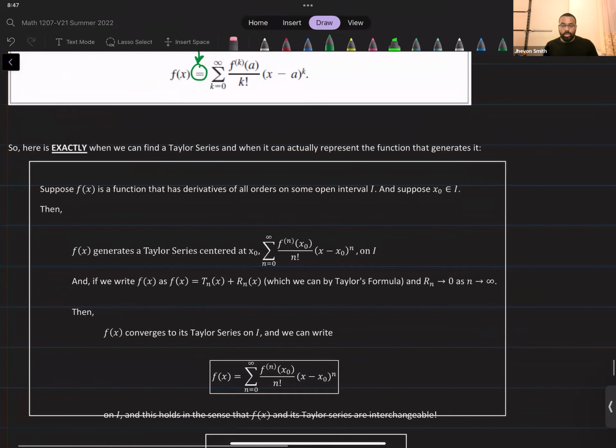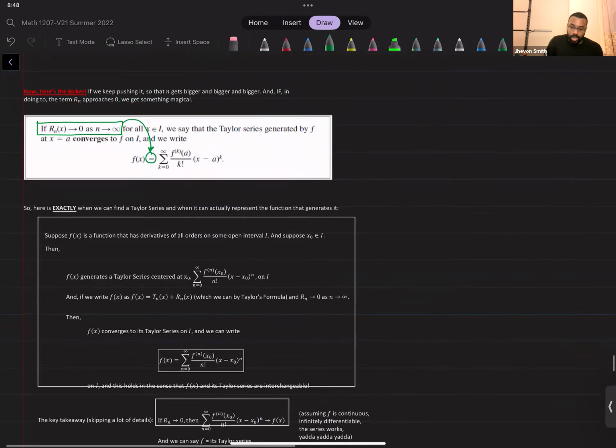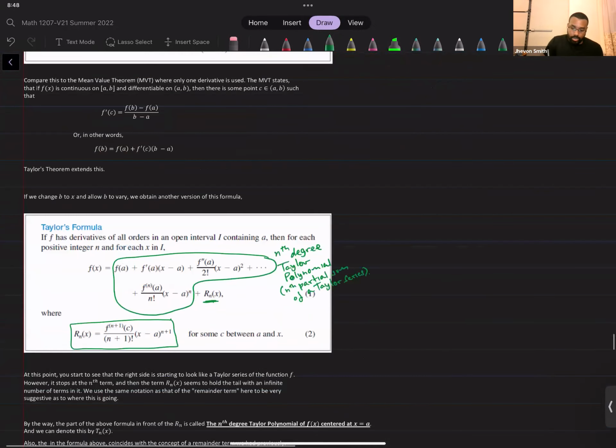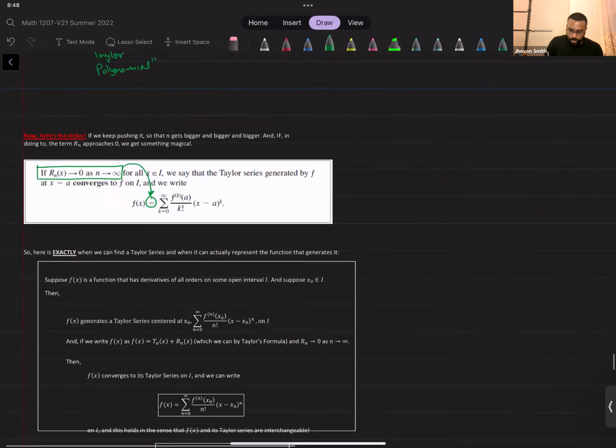That will tell you that the Taylor series will converge. So this gives you the conditions for which a Taylor series will exactly describe the function. If all this junk in red goes to 0 as n goes to infinity, then we're good. If it doesn't, then it doesn't. We can use the previous two theorems to figure that out. We're really just looking at this expression and trying to see if it would go to 0.